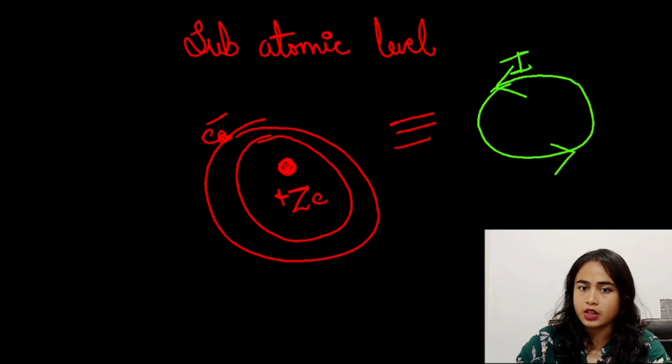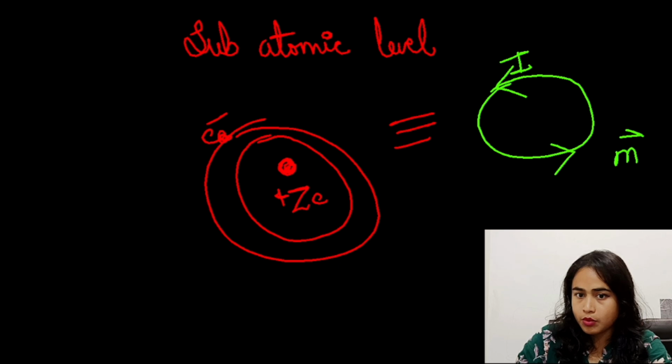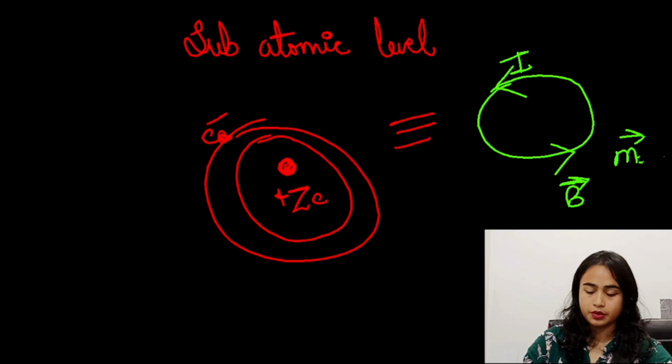In a current carrying loop, a magnetic dipole is developed. We have seen the concept of magnetic field there, so we have this magnetic moment here.